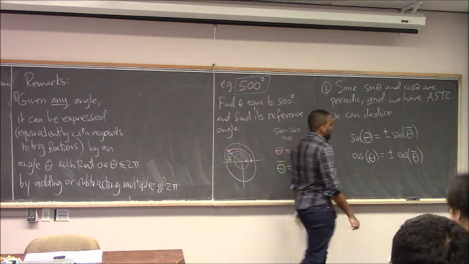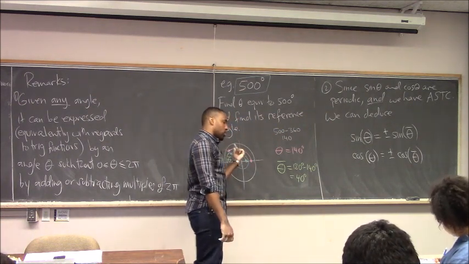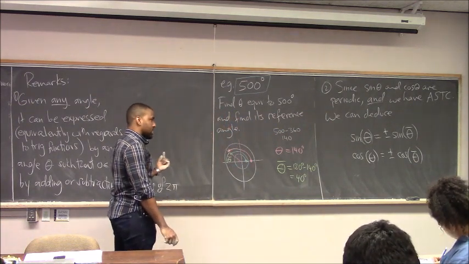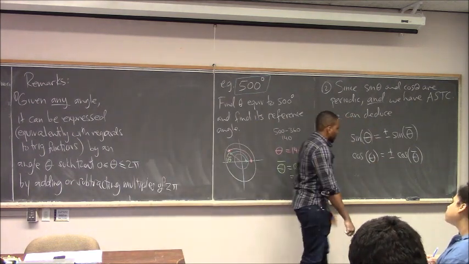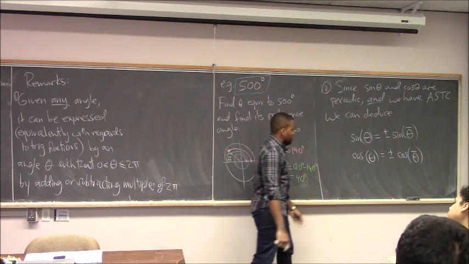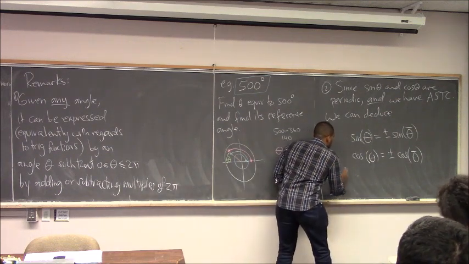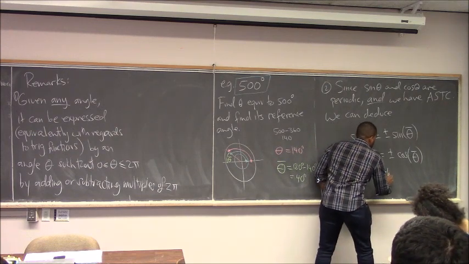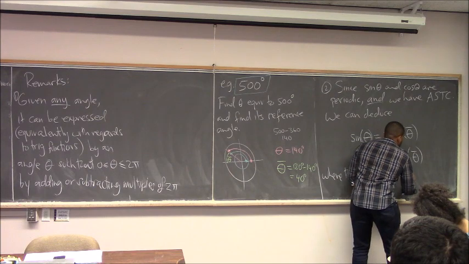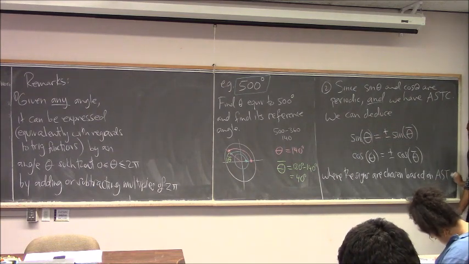I can actually compute the cosine of some angle by finding the equivalent angle that's between 0 and 360, then finding its reference angle and taking its value, where the signs are chosen based on "all students take calculus", right?